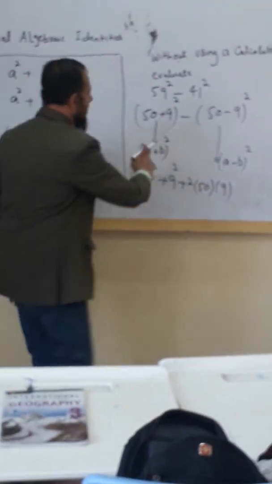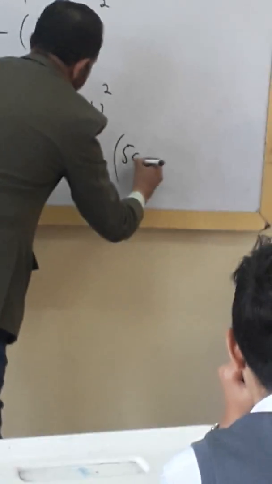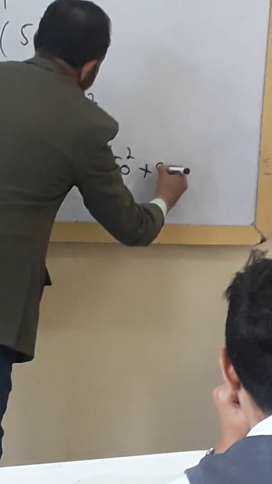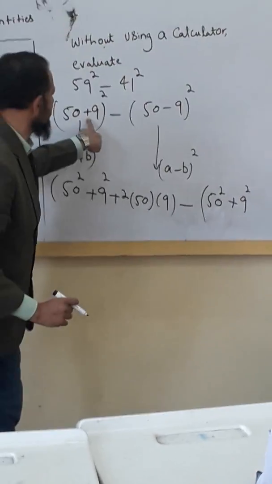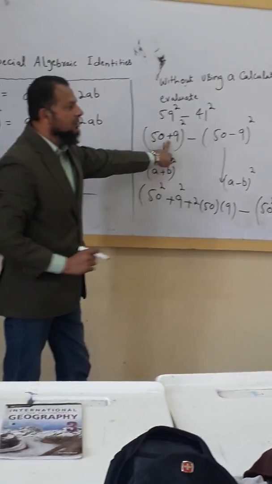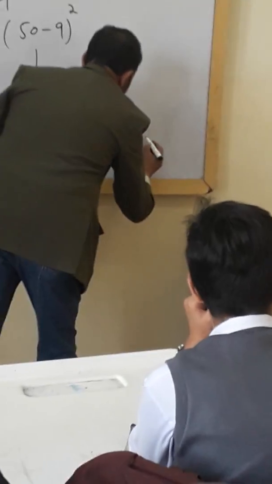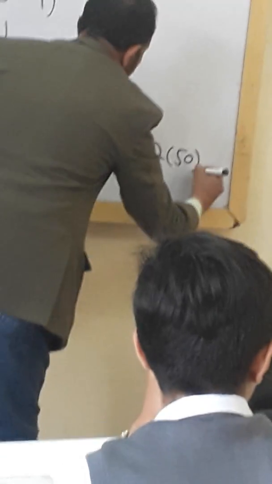Now the same thing applies over here with the negative sign: a power 2, which is 50 power 2, plus b power 2. Now remember, the difference between this and this is that this has to be plus 2ab and this is going to be minus 2ab. So this is going to be minus 2 into 50 into 9, and then close this bracket.